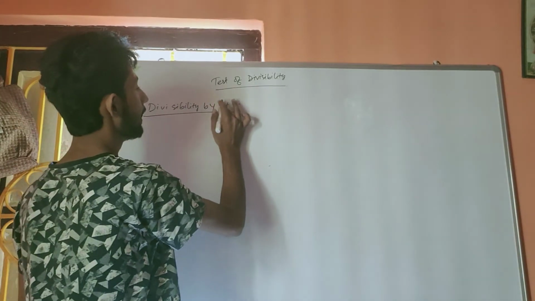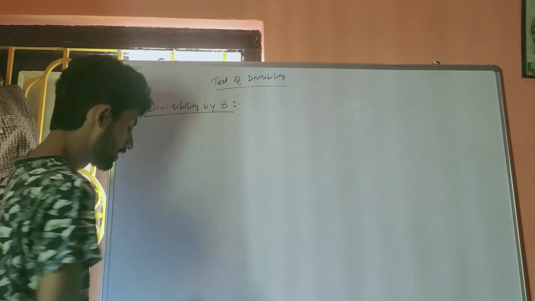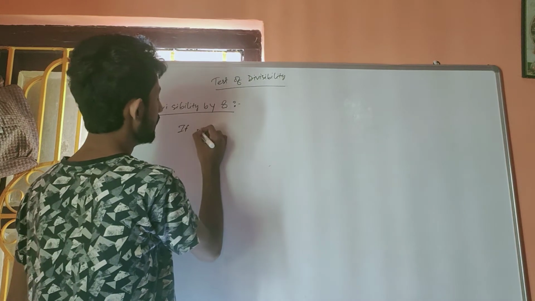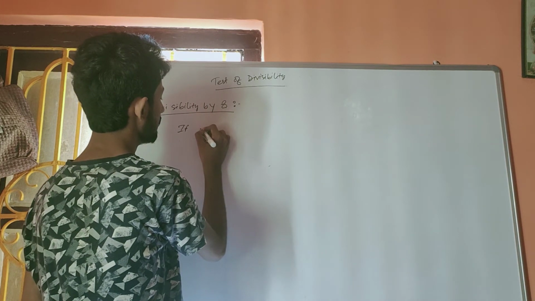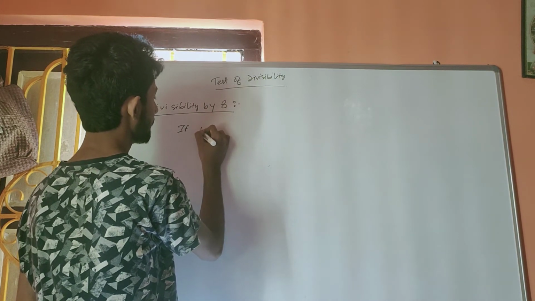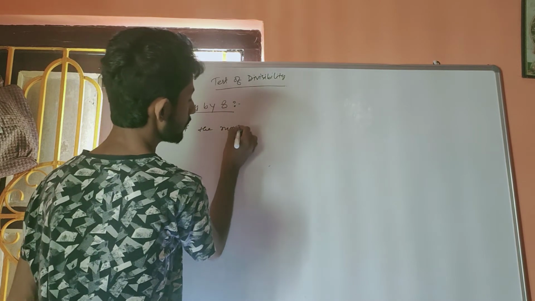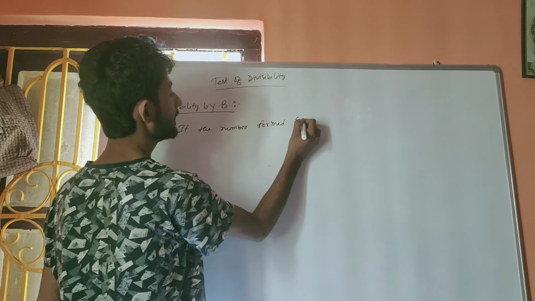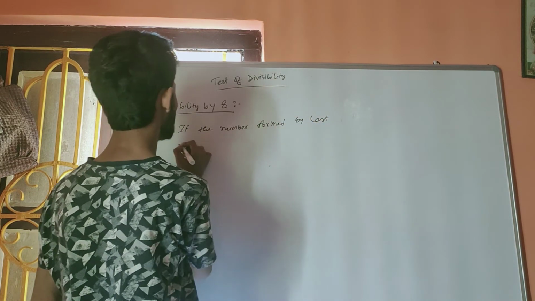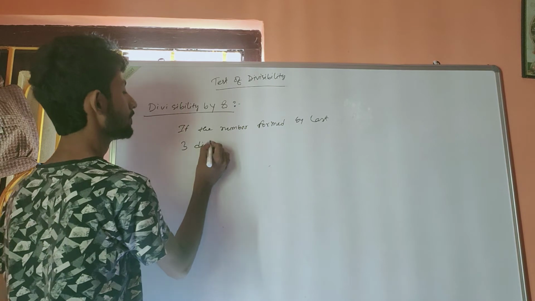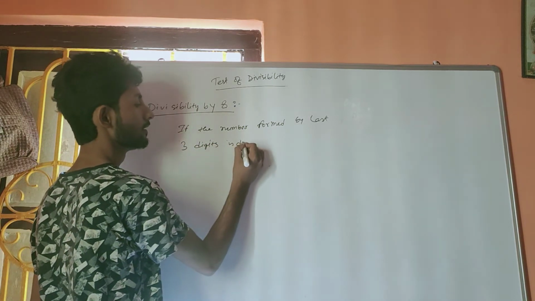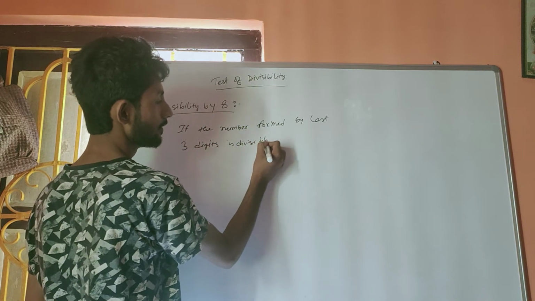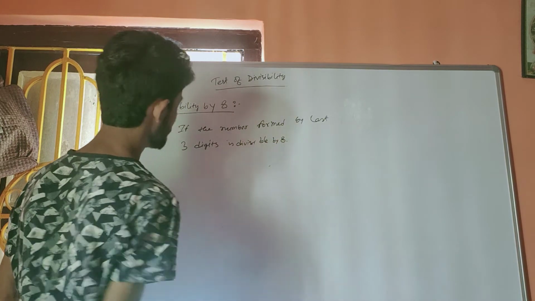Now divisibility by 8. How will you see that one? If the number formed by last 3 digits is divisible by 8.